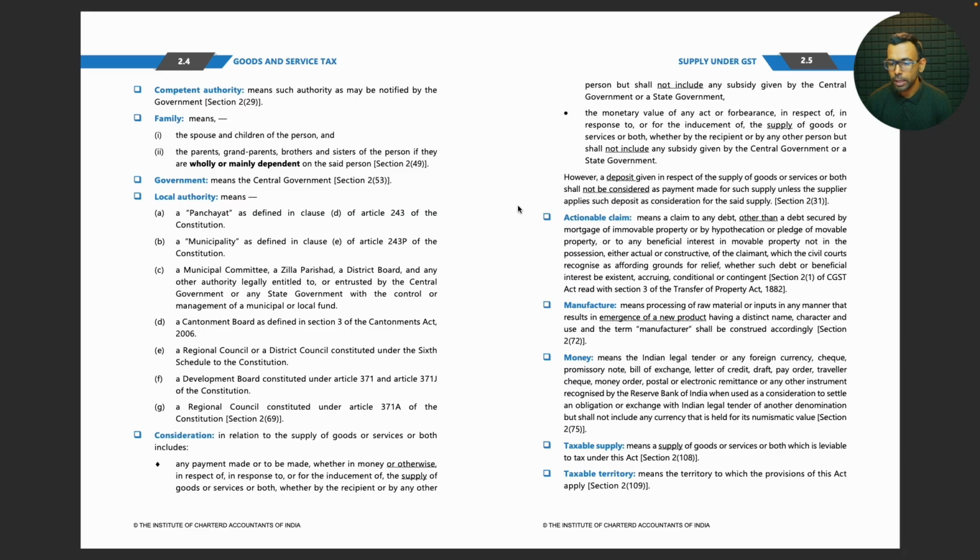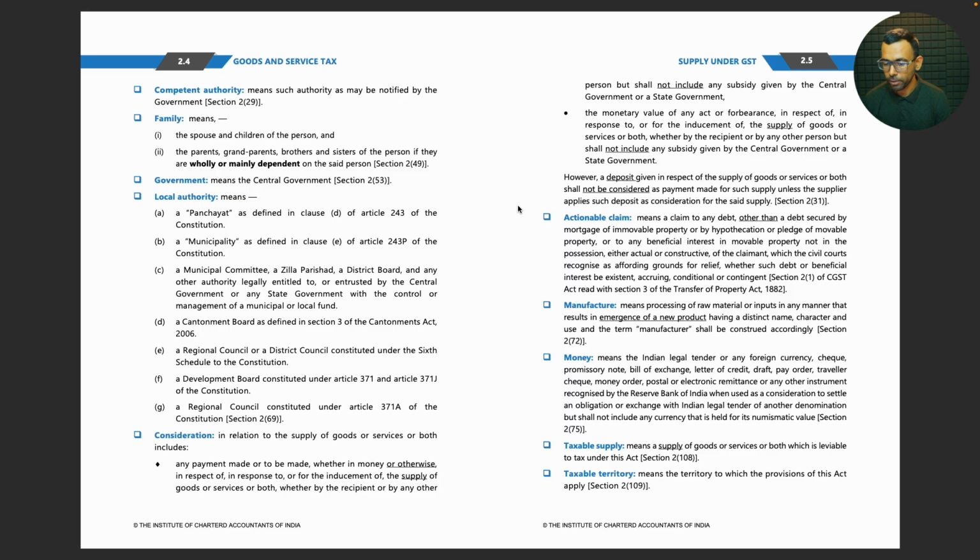Money means the Indian legal tender or any foreign currency, check, promissory note, bill of exchange, letter of credit, draft, pay order, traveler's check, money order, postal or electronic remittance, or any other instrument recognized by the Reserve Bank of India when used as a consideration to settle an obligation or exchange with Indian legal tender of another denomination, but shall not include any currency that is held for its numismatic value.